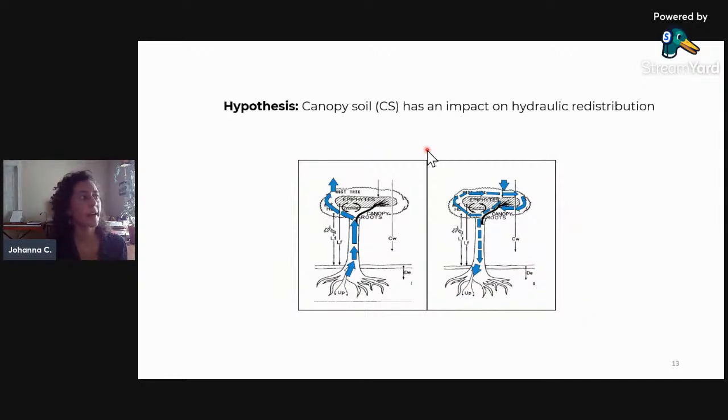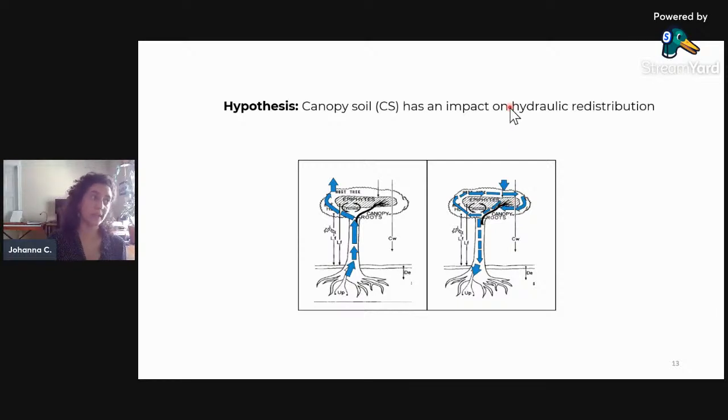So this is the main hypothesis: those canopy soils have an impact on hydraulic redistribution. If you notice here on the left, this is just the normal movement without canopy. What we are expecting is that if there are canopy roots or canopy soil, the redistribution will probably be different.